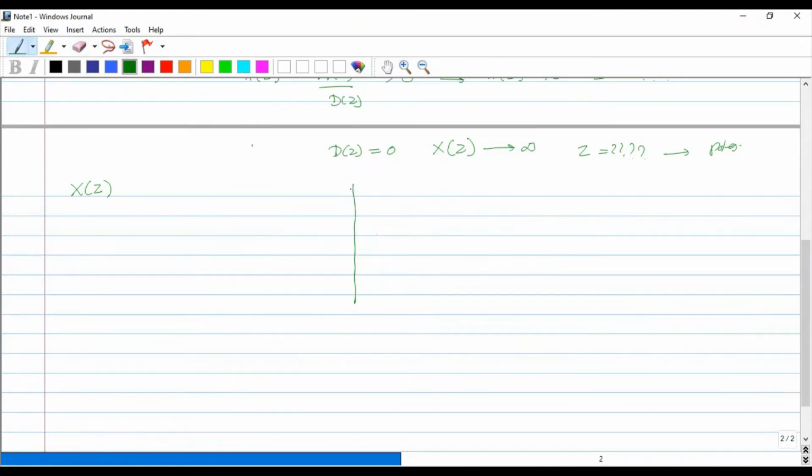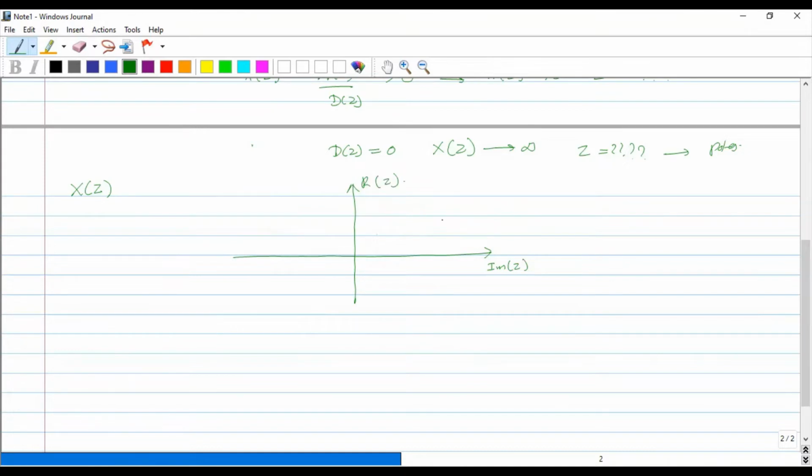So we have our z plane, with the imaginary part of z and the real part of z.